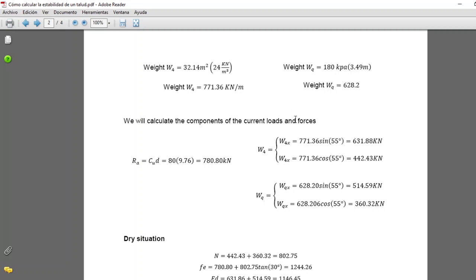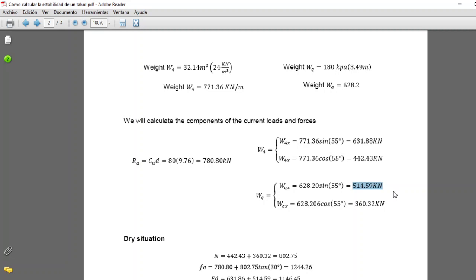the y of cube, 688.20 kilonewtons per meter, by the sine of 55 degrees, and we have 514.59 kilonewtons.